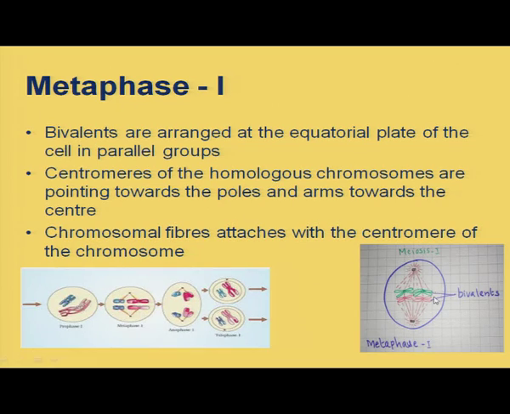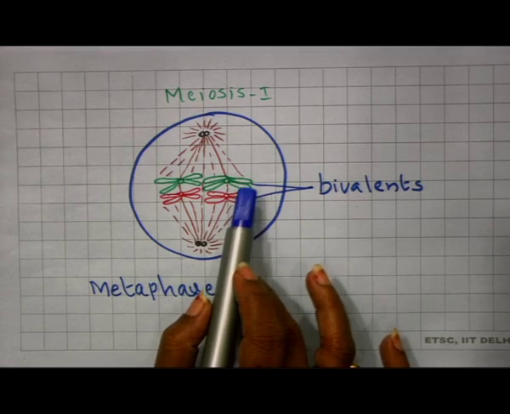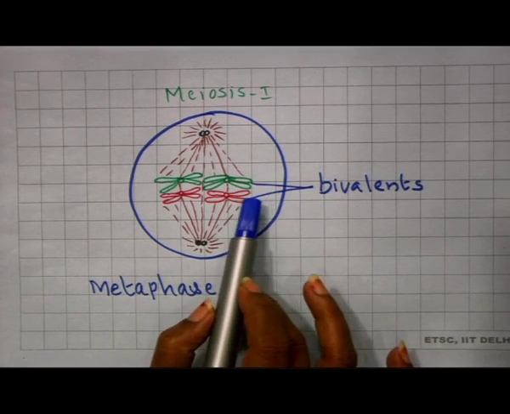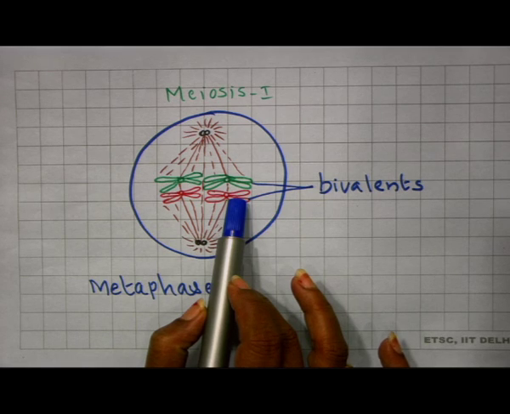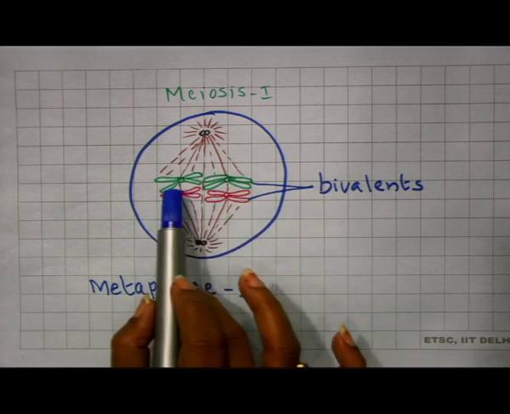Here you can see these bivalents, that means a group of 2 chromosomes, arranged at the center of the cell. See the diagram. Bivalents, maternal and paternal chromosomes, are seen arranged at the center.